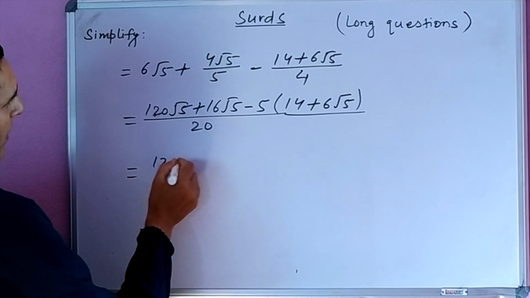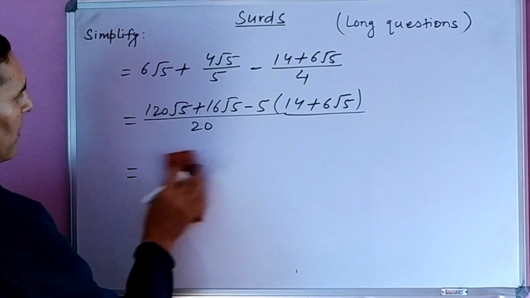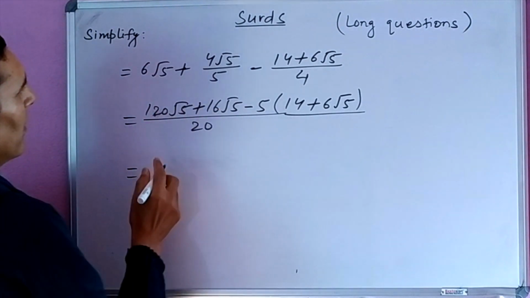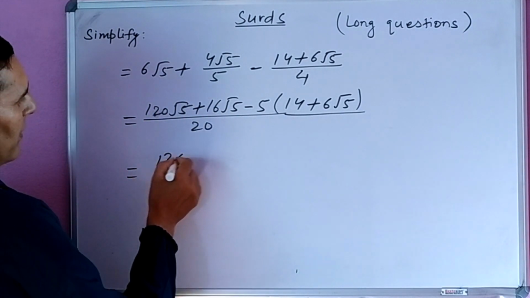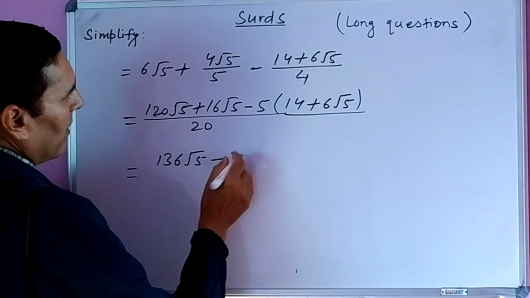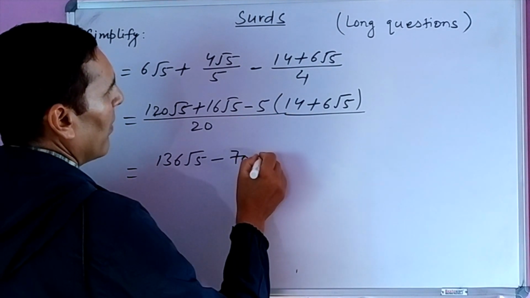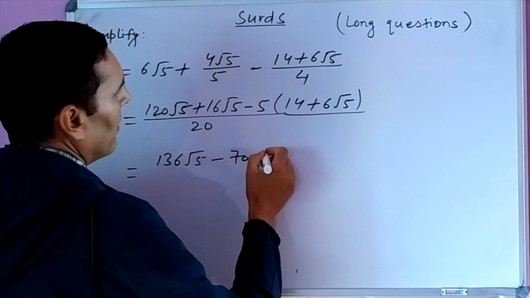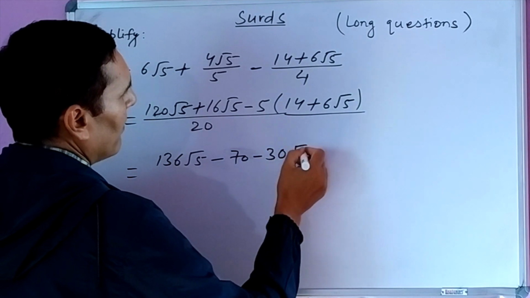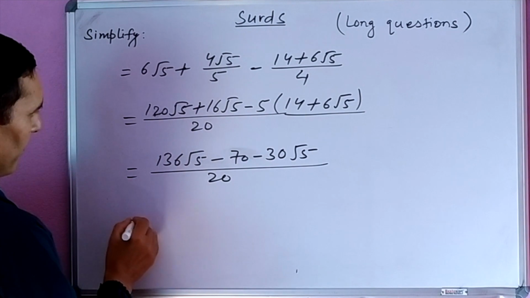It is 120 root 5, and we can add these two, 120 plus 16, 136 root 5, because these are like terms, minus 70 and minus 30 root 5, upon we have 20 here.